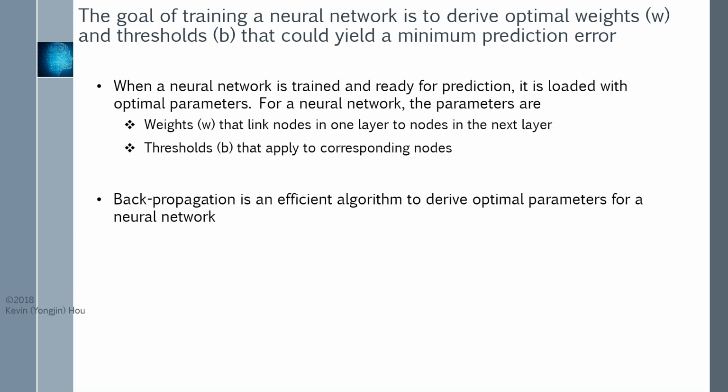Just like any model, when we talk about training the model, we actually talk about optimization of the model's parameters. In the neural network case, the model's parameters are simply the weights and thresholds, as we have seen in the previous examples. There's one very efficient algorithm to derive the weights and thresholds, and this algorithm is called back propagation.